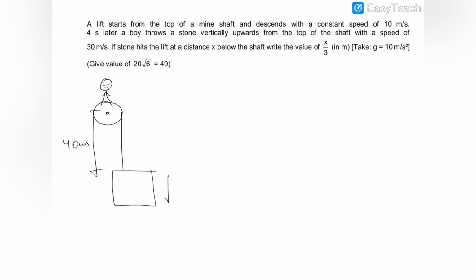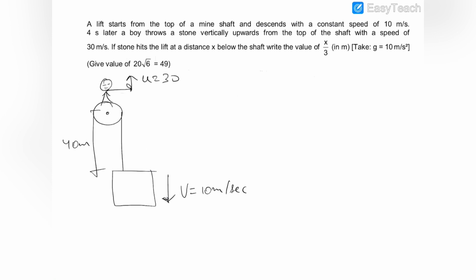And here also the speed of the lift is 10 meters per second. At the instant when the lift is at this point, the ball is thrown vertically upwards with a speed of 30, and then the ball goes like that and hits the lift.